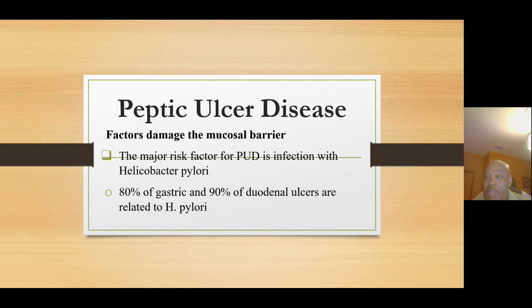And of course, this is where this bacteria can reside. Now, the bacteria makes what we call urease, which metabolizes urea producing ammonia, chloride, and of course, other damaging chemicals. Now, this leads to increased gastric secretion and causes tissue damage, leading to peptic ulcer disease.